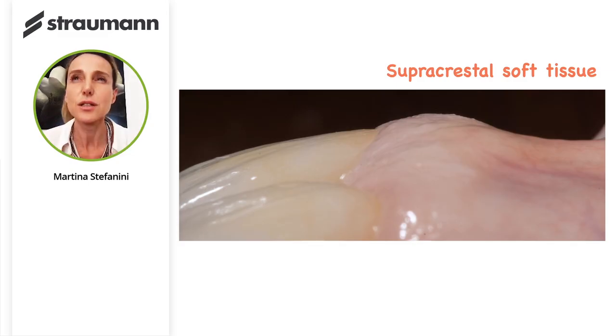And the importance of the thickness of the tissues in this transmucosal supracrestal area is related to the fact that, as I told you at the beginning, differently from teeth, around implants we don't have the real connective tissue attachment.